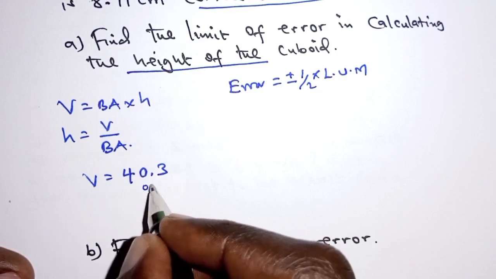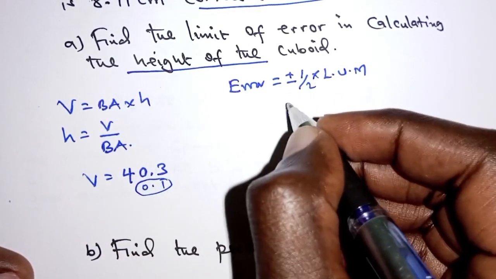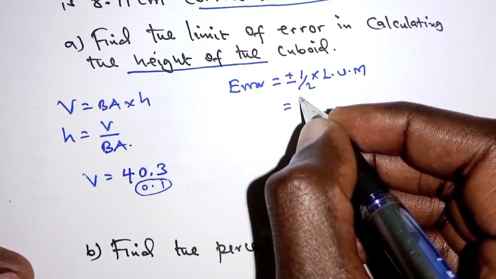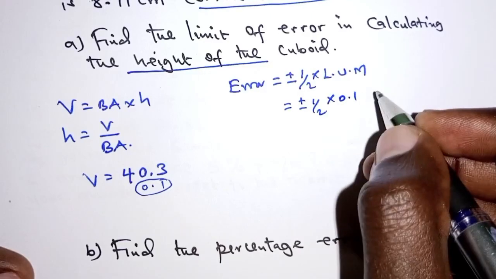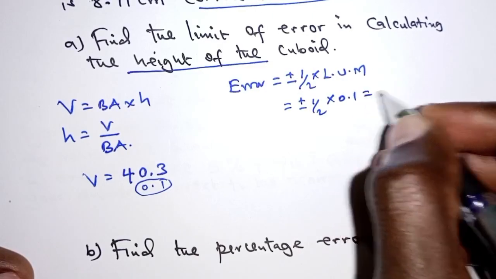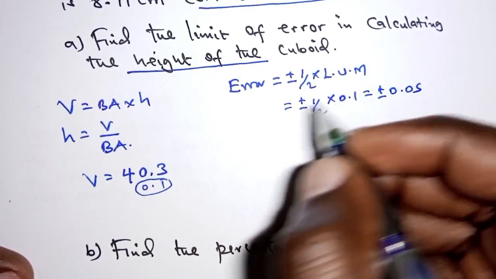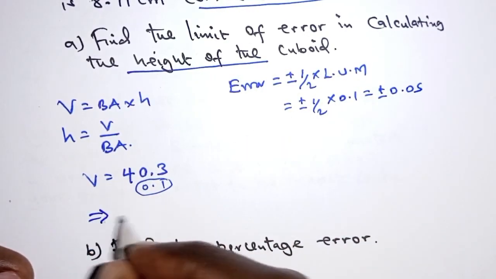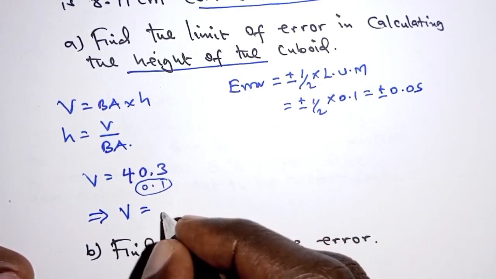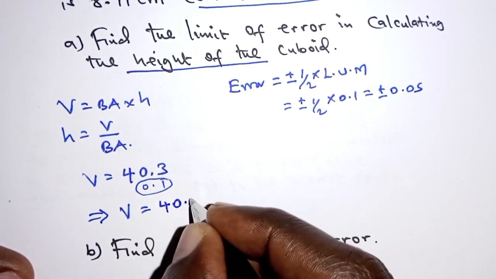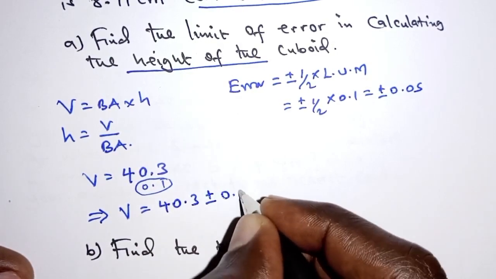So you just have plus or minus a half times 0.1, and that is plus or minus 0.05. So for the volume, we have 40.3 plus or minus 0.05.